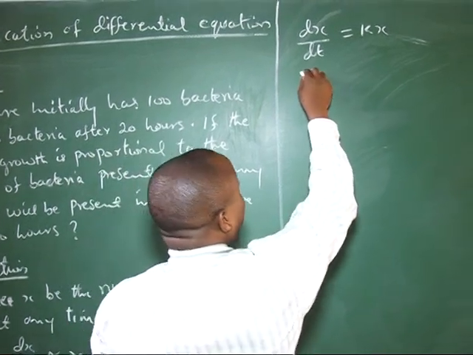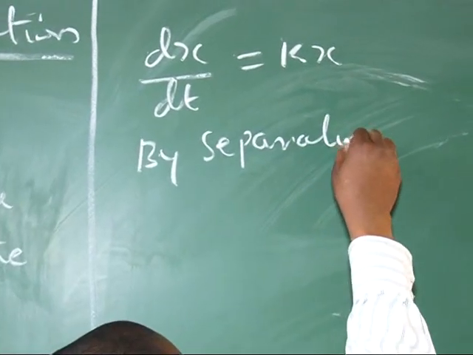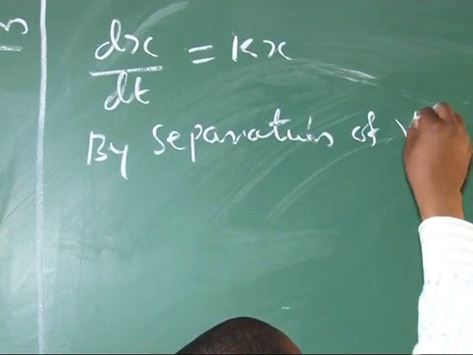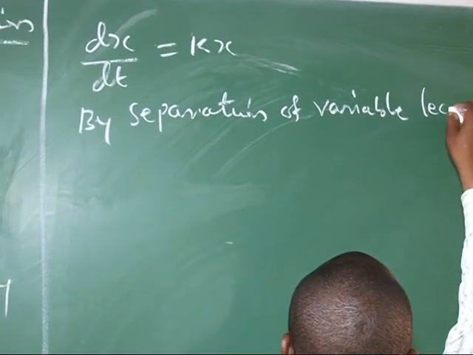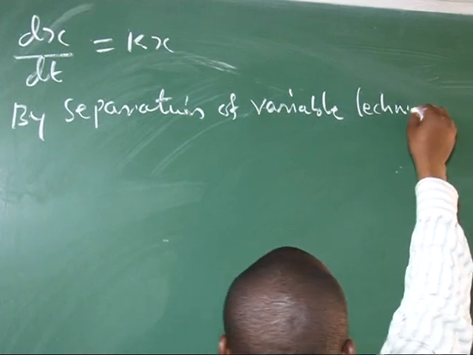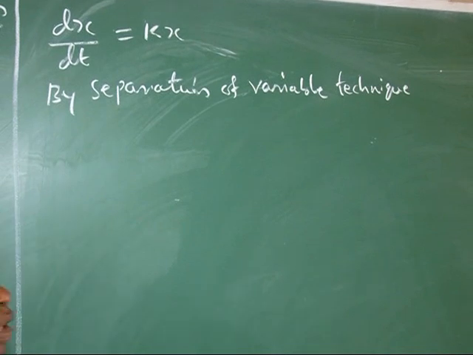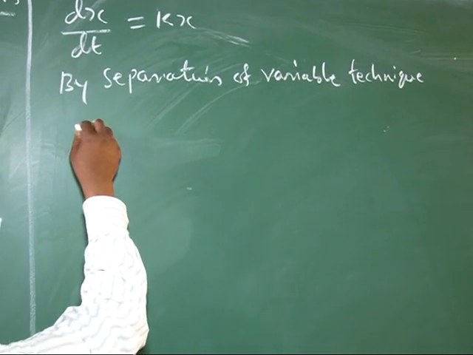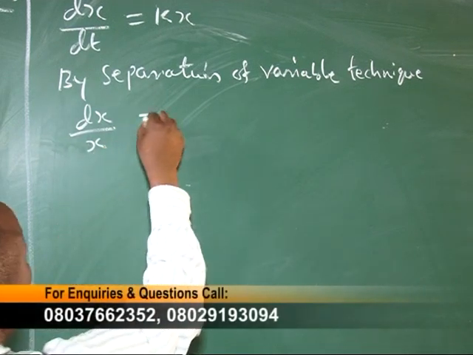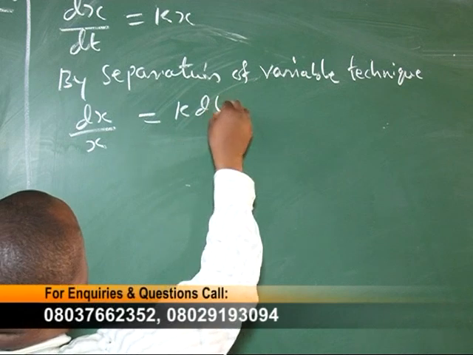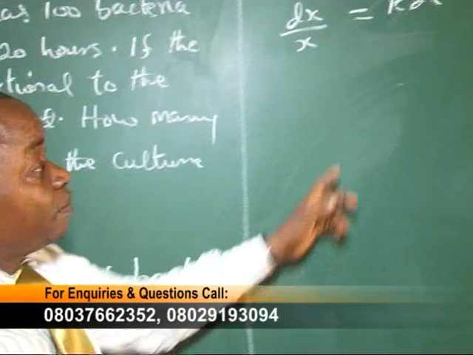So by separation of variables techniques, then we will have dx over x equal to k dt. So we have separated the variables now.